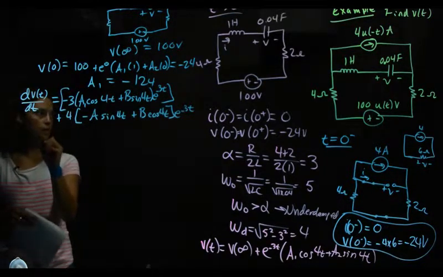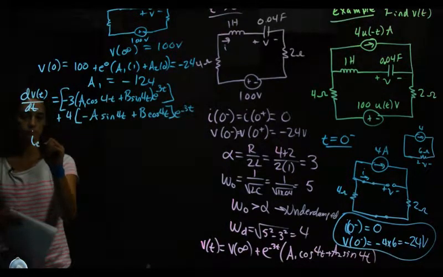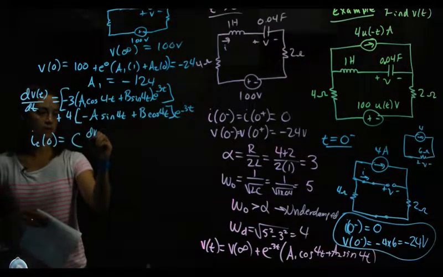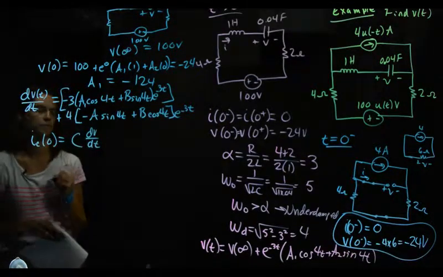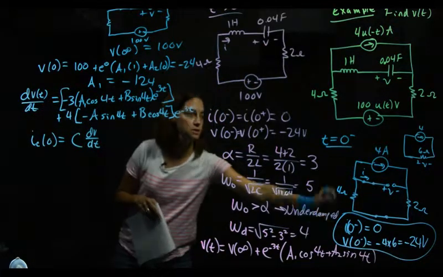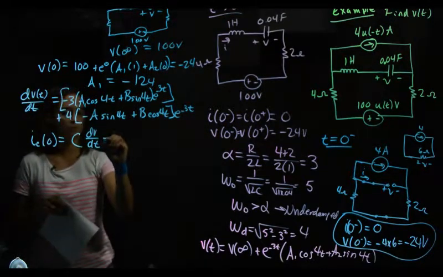Well, we know the current through a capacitor is C dV dt. Well, I know the current through the capacitor because of my initial condition here, right? Everything's in series, it carries the same current. That current was 0.